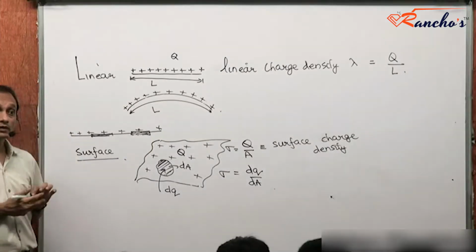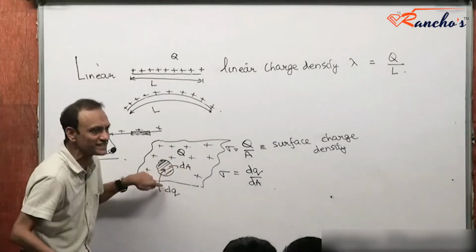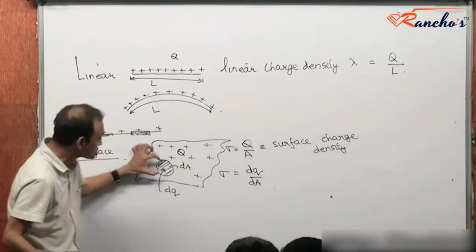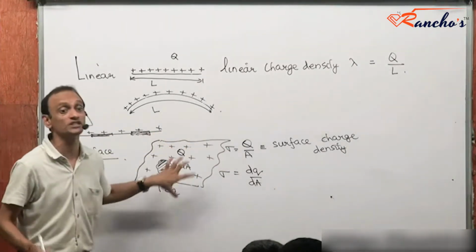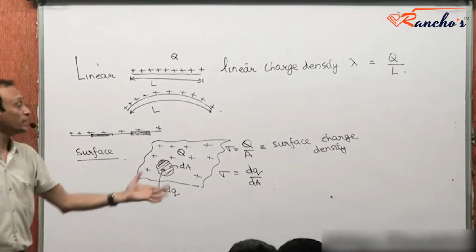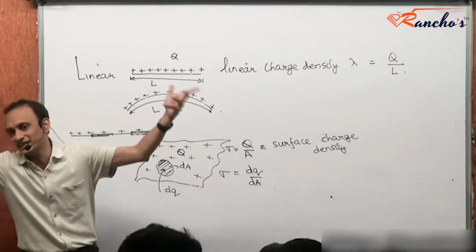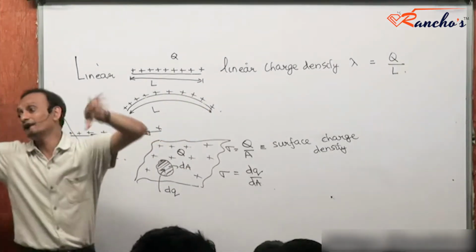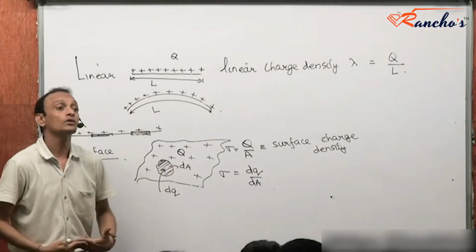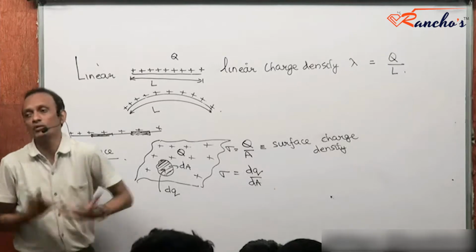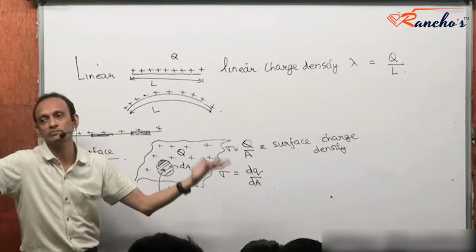Now, if sigma remains the same for all dAs, no matter where I select, then we say charge is uniformly distributed. The same dA will contain the same dQ. That's uniform sigma. But if sigma depends on where I select my dA, that's non-uniform surface charge density.